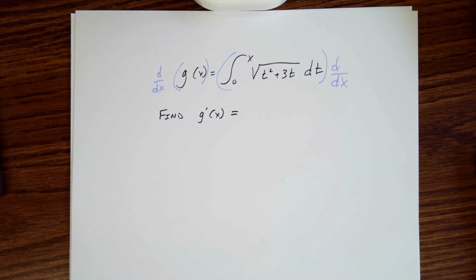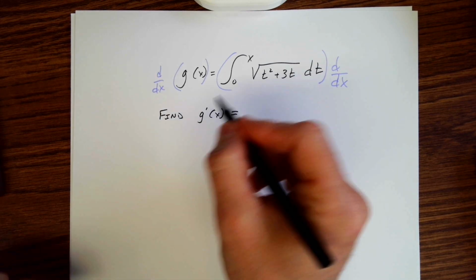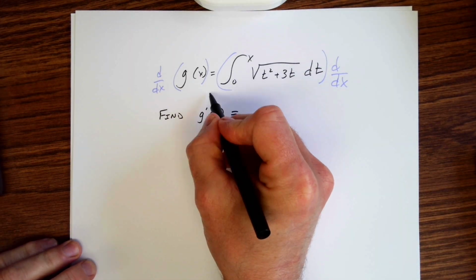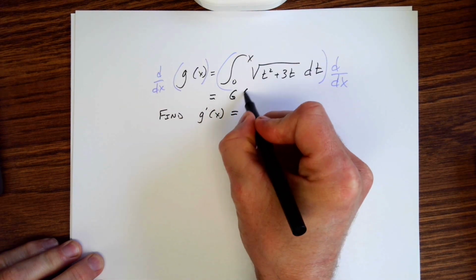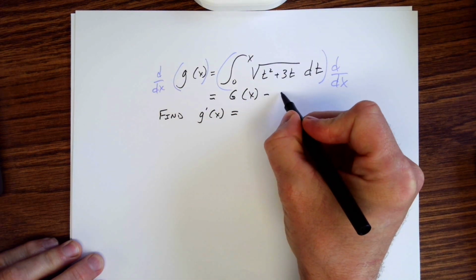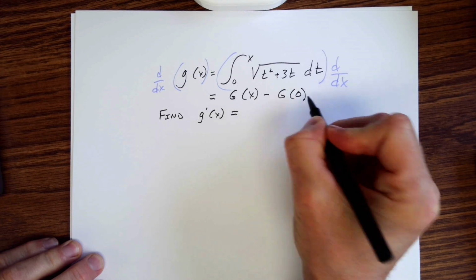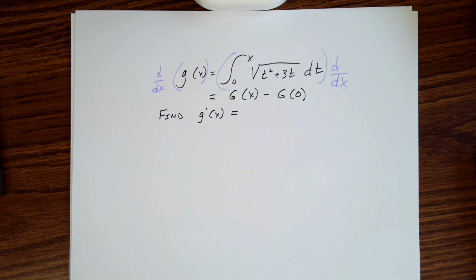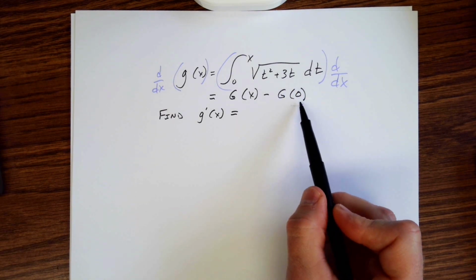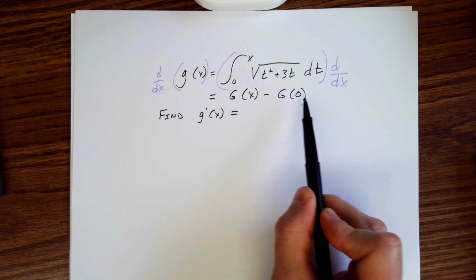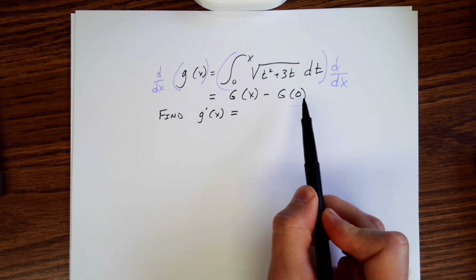And the first fundamental theorem of calculus tells us that when we do this, this would end up being big G of x minus big G of 0. Well, if we evaluate this at 0, what's going to happen to the entire term? This entire second piece would be 0.